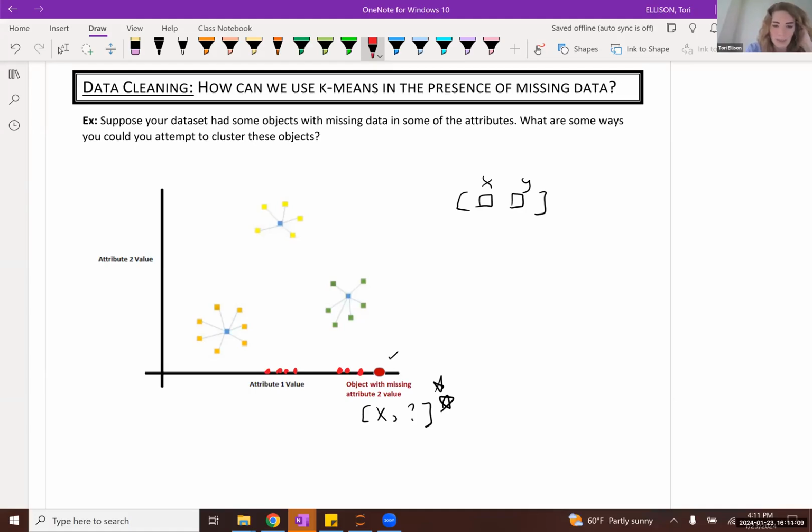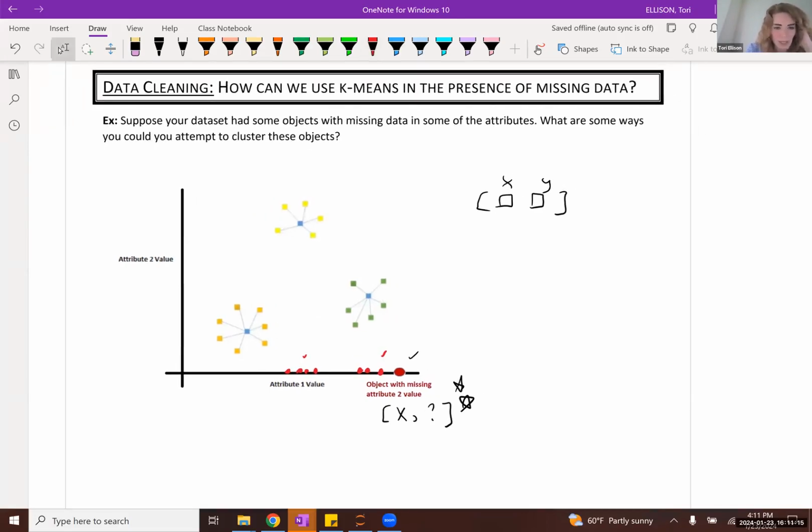So we had a series of observations that we imputed to be here, a series of observations that we imputed to be here, and so on and so forth. So what might this particular data imputation technique do to our cluster analysis if we approached missing values in this way?